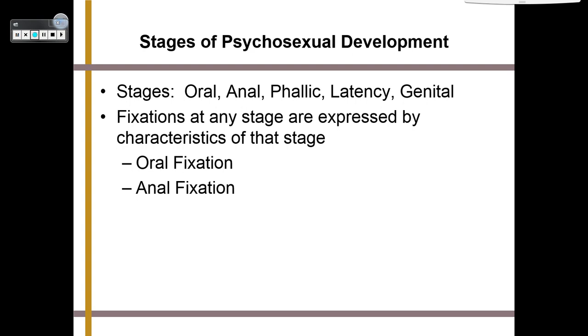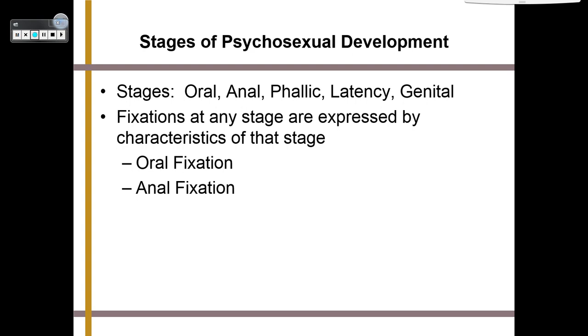Freud said that our personalities develop along 5 stages, and they are part of the psychosexual development stages. And these stages are the oral stage, the anal stage, the phallic stage, the latency stage, and the genital stage. And at any one of these stages, we can develop something called a fixation.